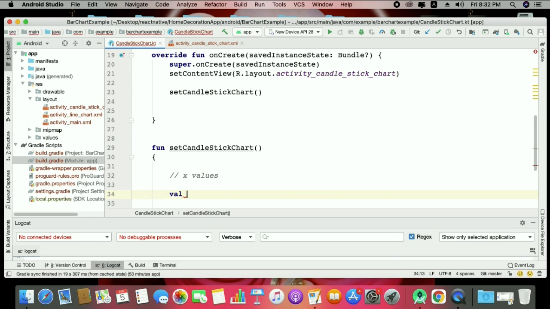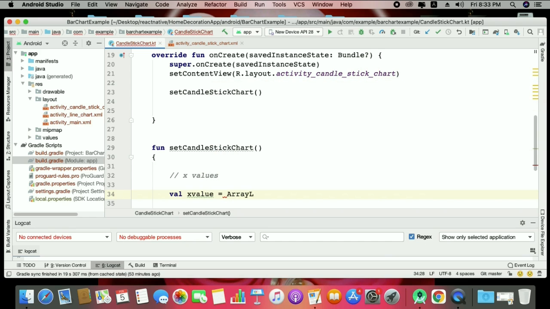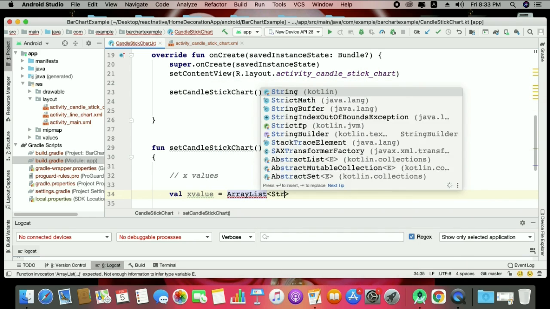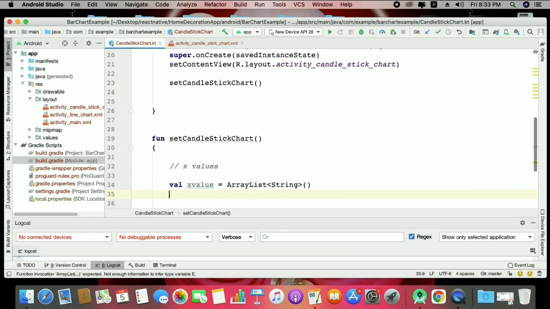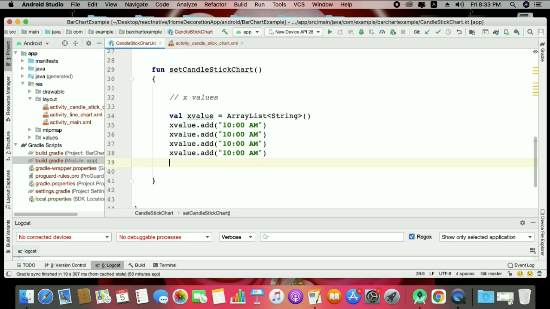So you can say val xValue, that is your array list of string kind, and xValue.add, here you can say 10 a.m. Now you can copy paste it, or if you want to work with weeks or whatever, you can use that, but your X series must be equal to your Y series.